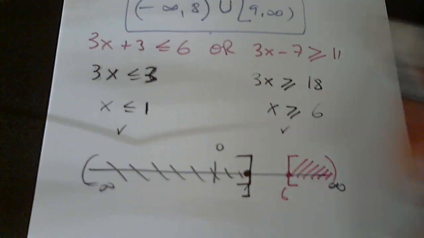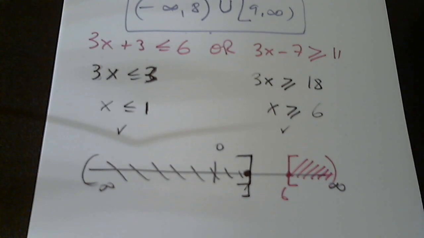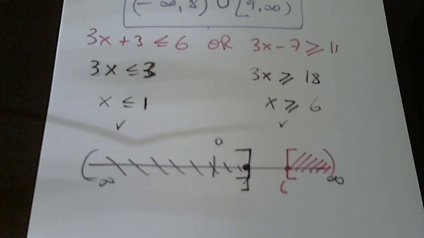How do I write the solution? Exactly how we wrote it before. Can anyone tell us? Anyone, please? It's exactly what you see here with the union symbol.